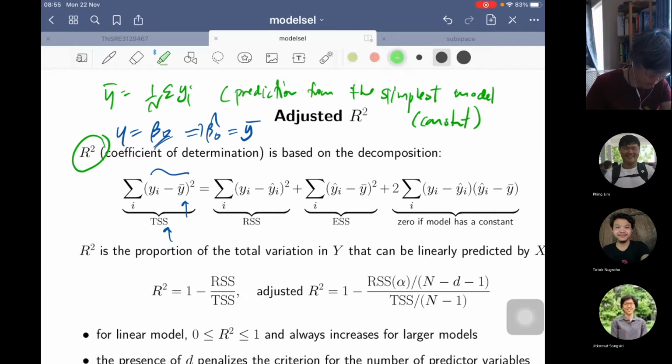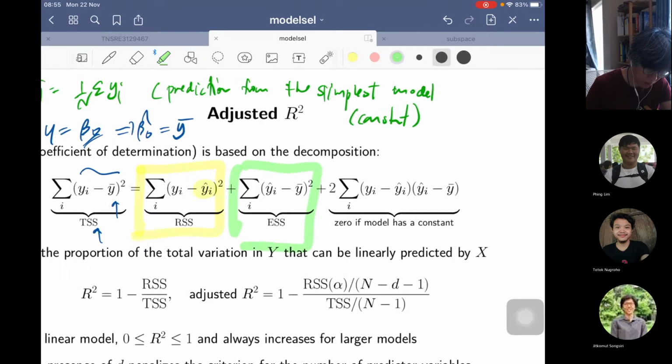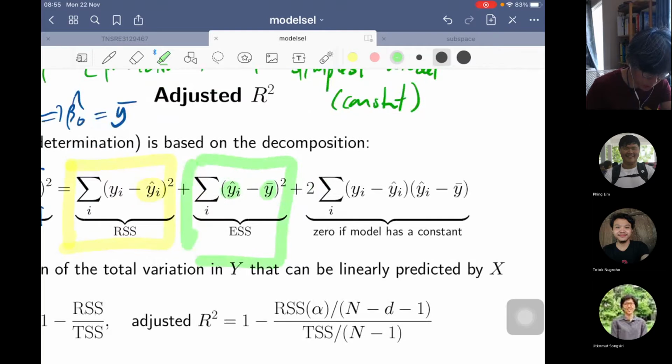The first term on the right hand side is the residual sum of squares, the error obtained from a particular regression model using a certain number of features. And ESS is the term for the deviation between your regression model of interest and the constant model.